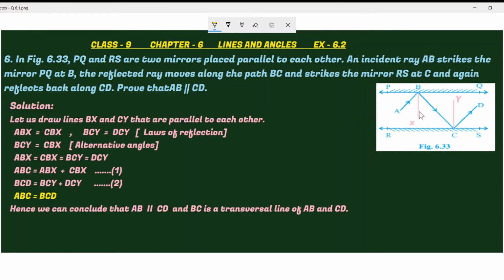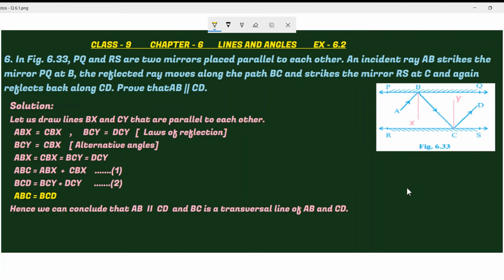To prove AB and CD are parallel to each other, I am going to draw a line through B up to X. That means this is a line BX, and one more line CY drawn from C. Here I am going to use the laws of reflection.